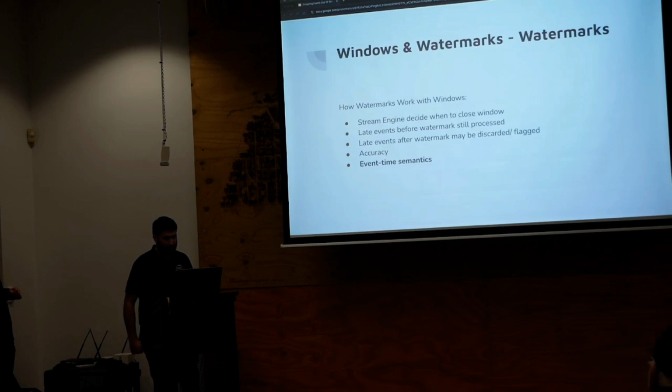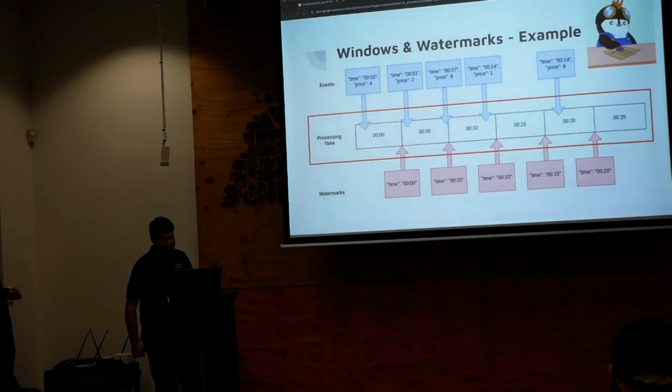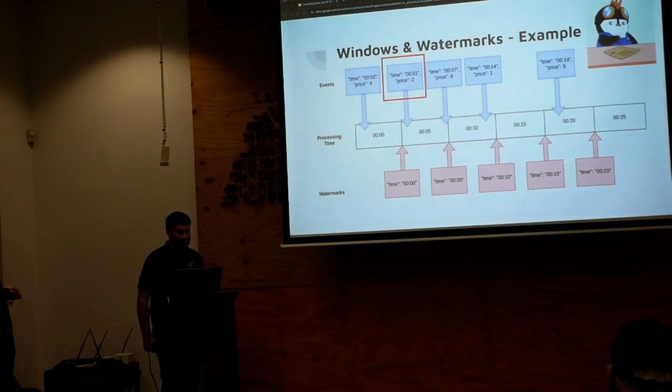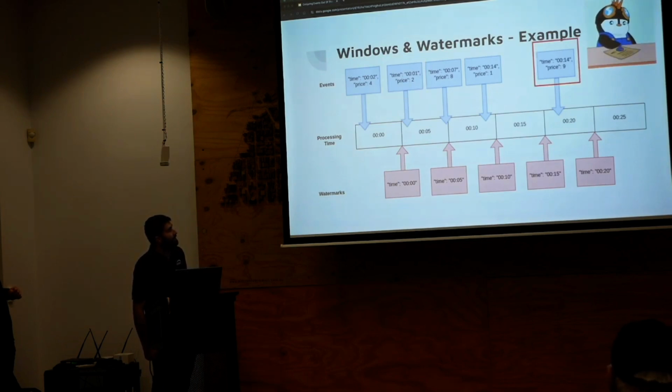So let's hurt ourselves by looking at an example of this, and I'll try to explain it. First off, I want to note that the processing time progresses in an orderly fashion, but some of our events are arriving out of order, like this one and that one there.